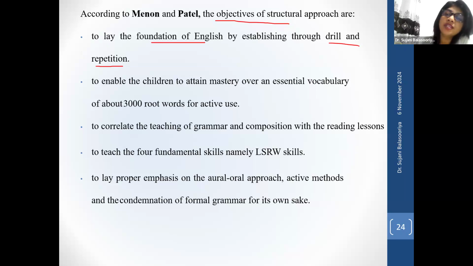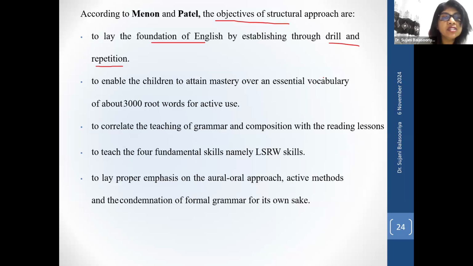So how is it happening? By using the structural approach, the teacher expects to lay the basis or the foundation about the English language within the minds of the learners via drilling and repetition. Okay. That is given prominence there.